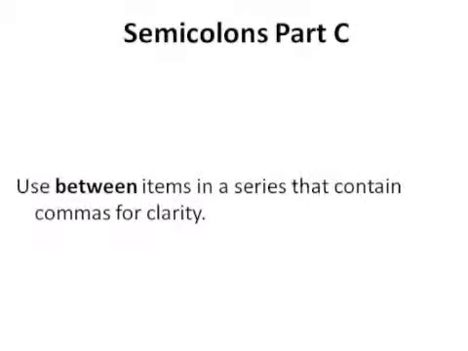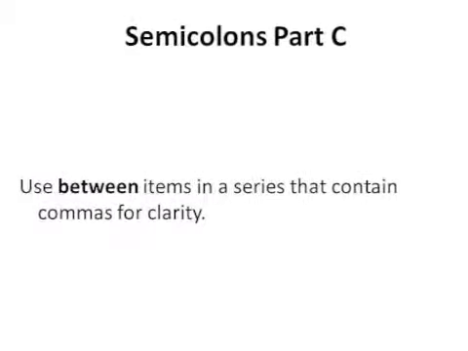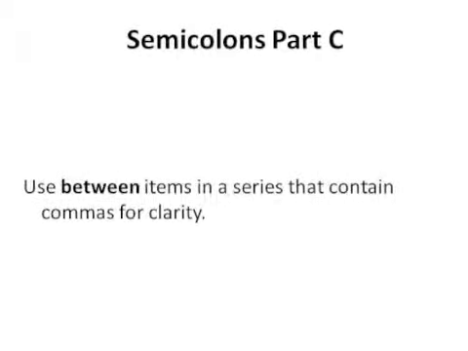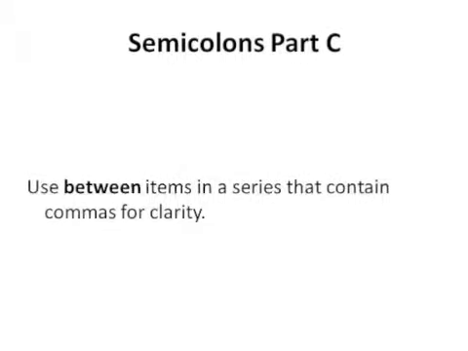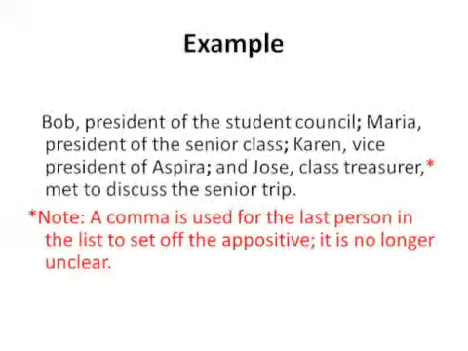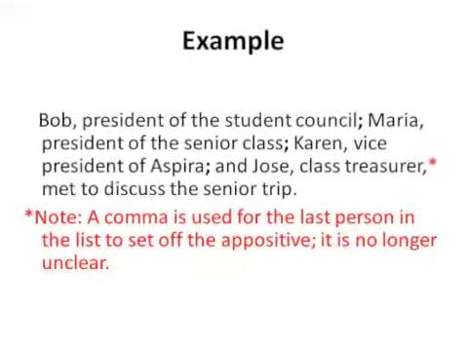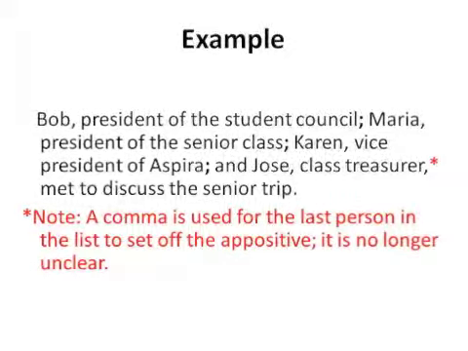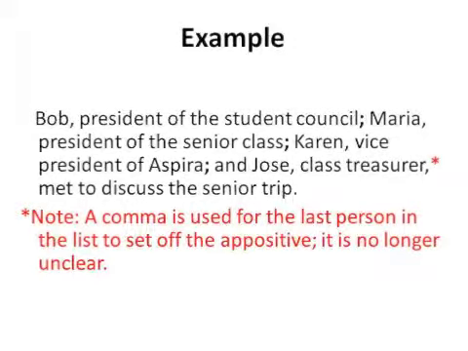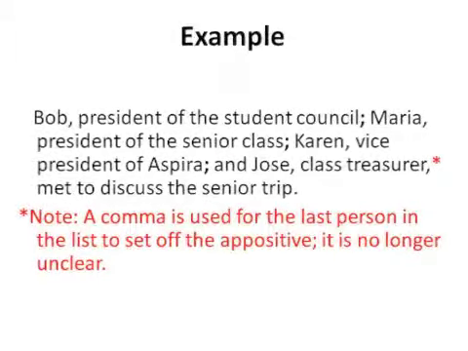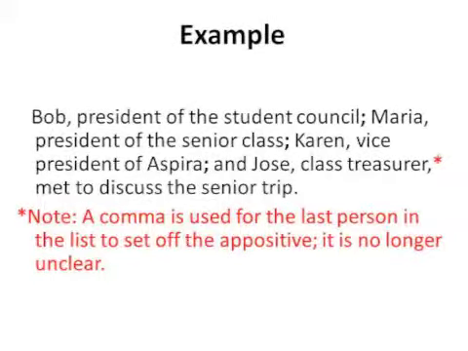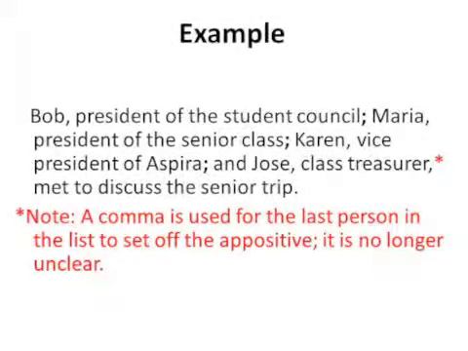Sometimes you have a series of items with appositives. Semicolons set these off. Let's look at the example. Bob, president of the student council. President of the student council is the appositive, means the same thing as Bob.